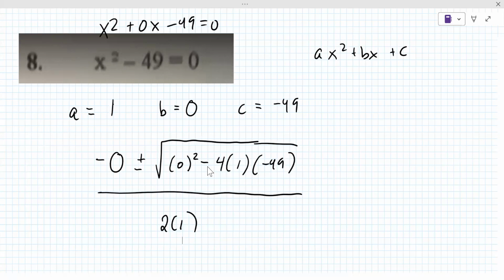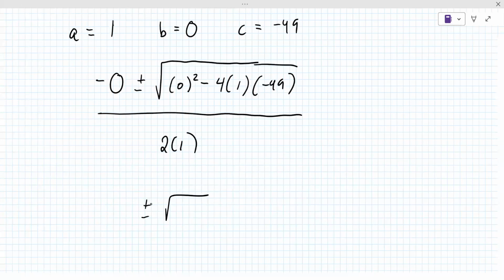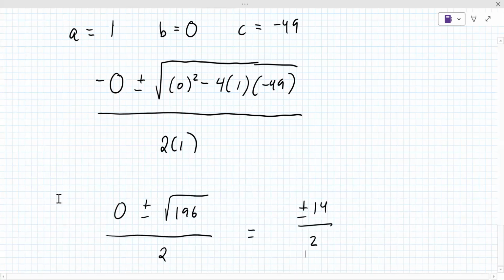196. Okay, and does that have a square root? Can you take the square root of 196? Feels like a number that can be. 14. So this becomes plus or minus 14 divided by 2. That plus or minus is paired with it, so it has to be part of the square root.